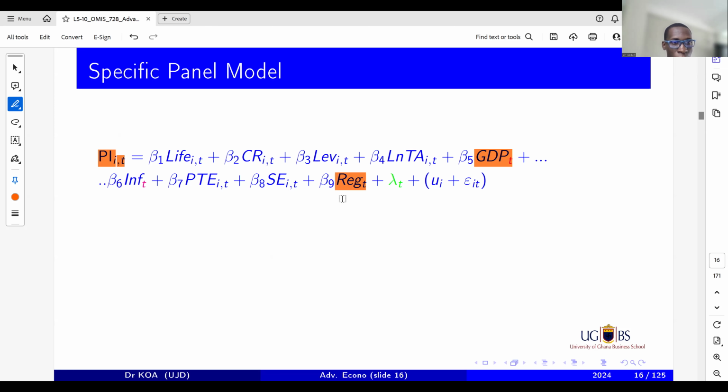But for this model, I'm thinking that maybe this one should have changed only with individuals, because whether the company is life or non-life is sort of fixed. So it should have been i alone. Okay. But that's a clear example of a specific panel data model. All right.